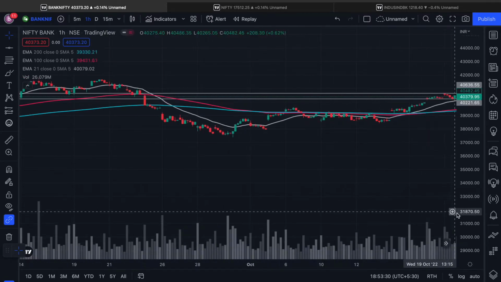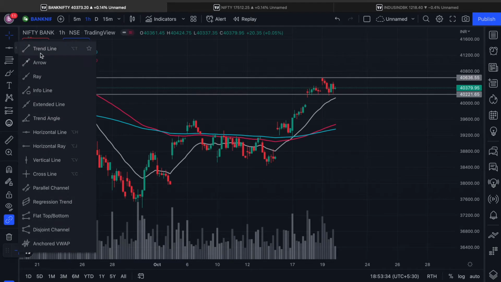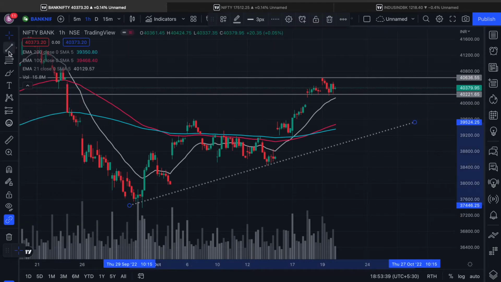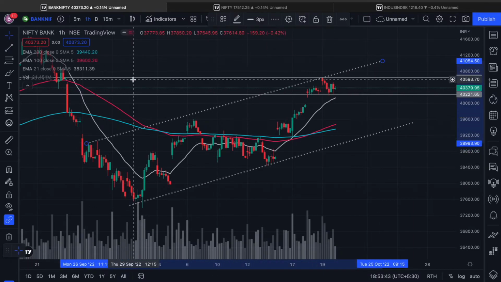So here you can see that the price has formed some kind of a trend, right? So here is the trend that the price has formed in the short term. So yes, this is kind of a channel wherein you can expect the price to move about, right?